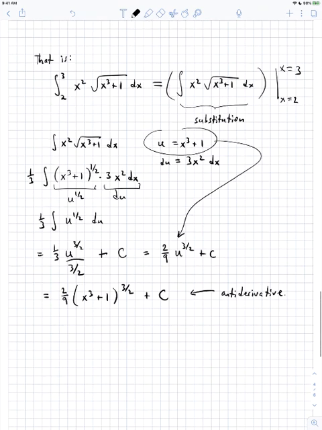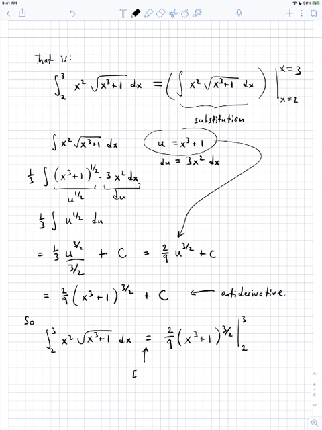So we can write the integral from 2 to 3 of x squared times the square root of x cubed plus 1 dx is equal to an antiderivative, 2/9 times x cubed plus 1 to the 3/2 plus a constant. But we can choose whatever constant we need for the evaluation theorem, because the evaluation theorem will work for any antiderivative. So we can choose the one where c is equal to 0. And then we evaluate that at x equals 2 and x equals 3. So here I'm using the evaluation theorem.